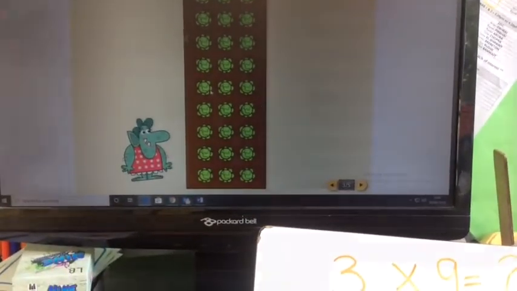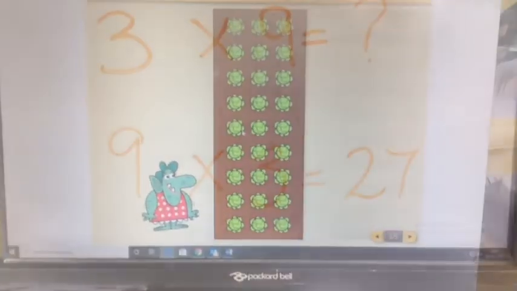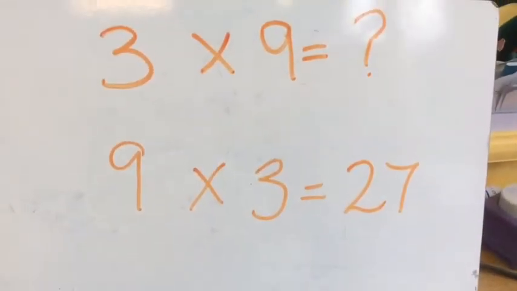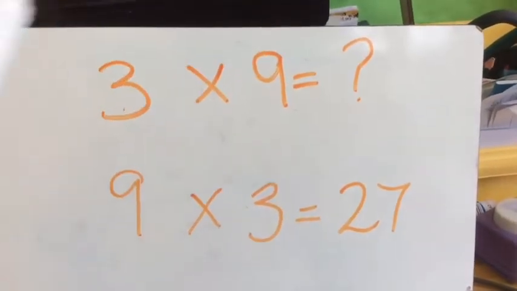That's right, we've just switched it around. So count the rows in threes. 3, 6, what did you get? Hopefully you got 27. So what will 3 nines be?